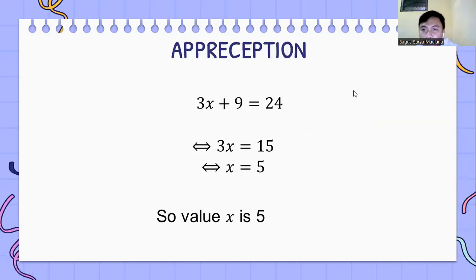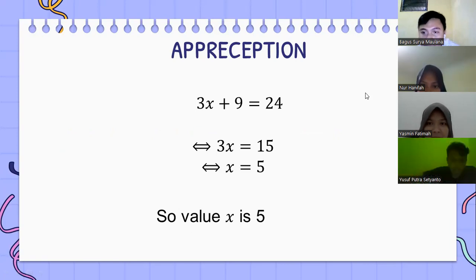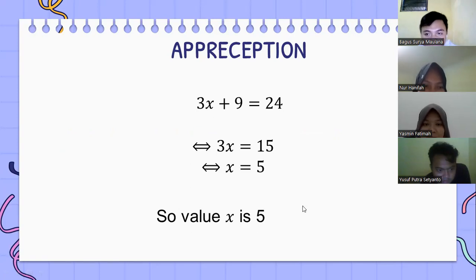Okay, for the apperception, do you remember about the one variable equation system? Maybe Hanifa can explain it. How can we get the x value here? Okay, sir.